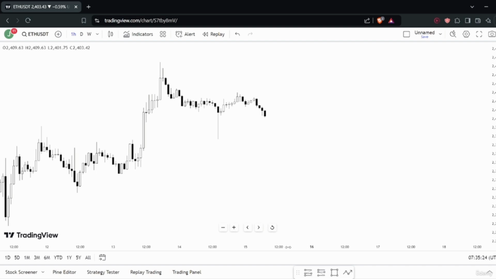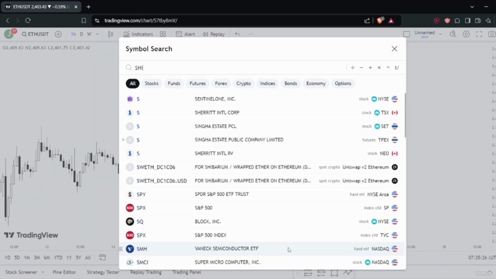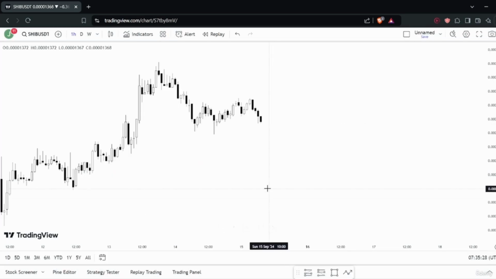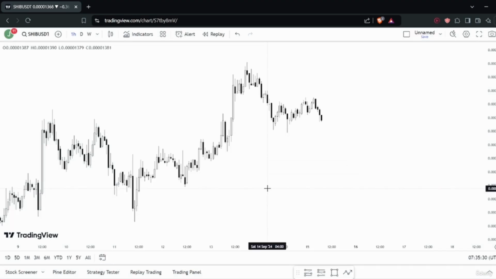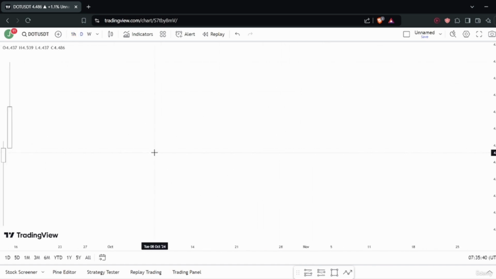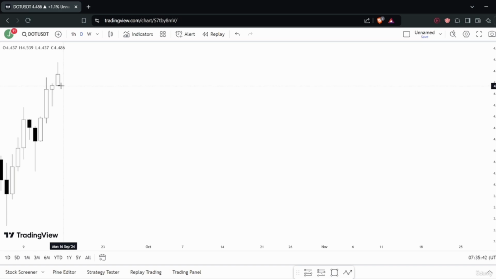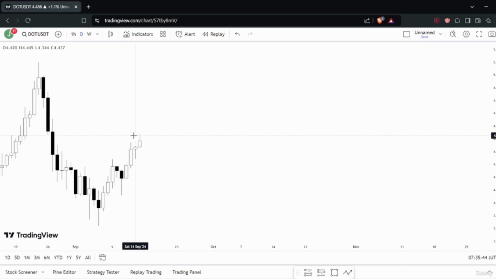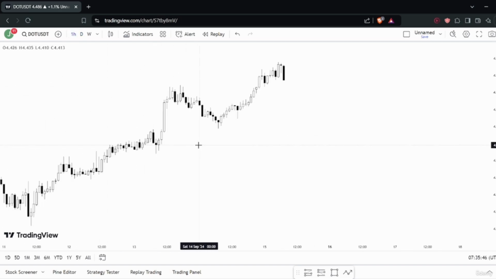However, there are multiple other pairs that I trade, such as SHIB, such as DOT, etc. So I will not be looking into those when I have stronger pairs, you know. I would prefer trading Polkadot that looks much more bullish. Then I would be preferring to trade Ethereum in this case.